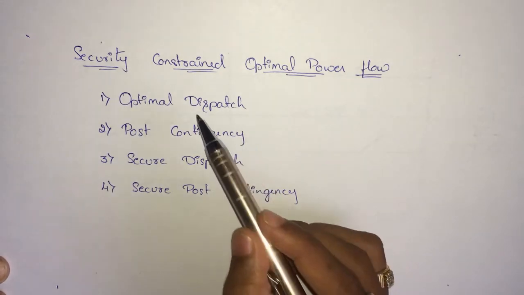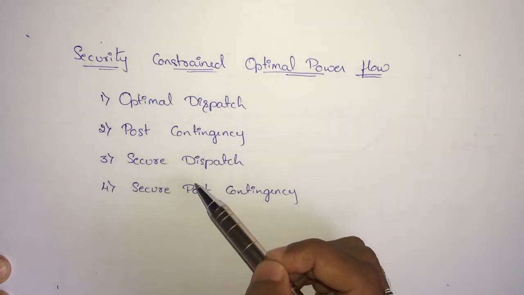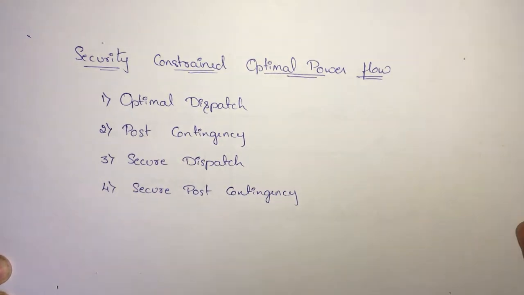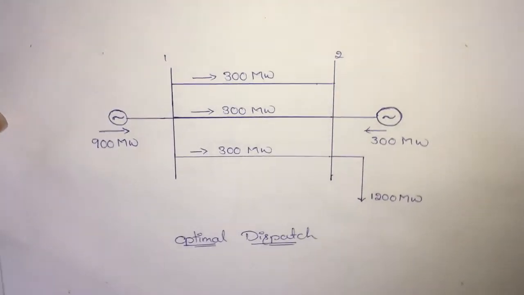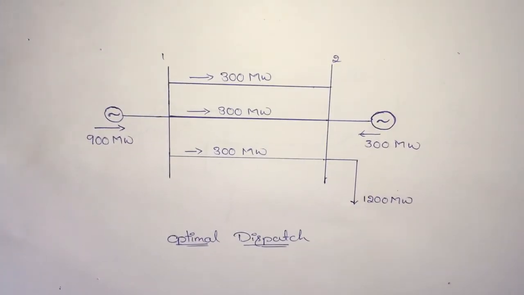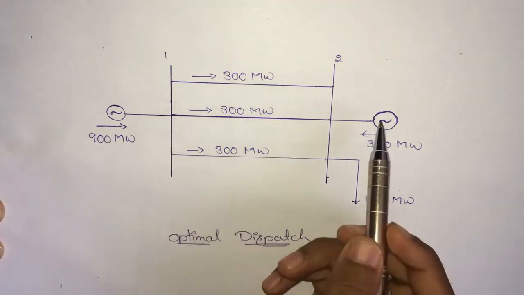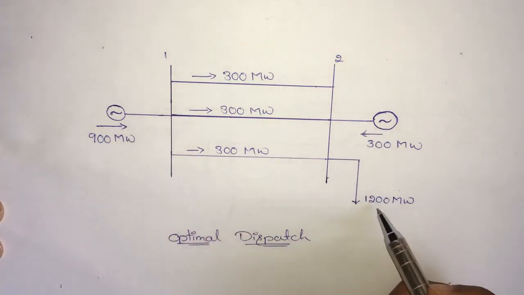Okay, let us move on to the actual four states now. The first one is optimal dispatch. To analyze these four states, let us consider an example. Here is our example. We have generators to supply a load.